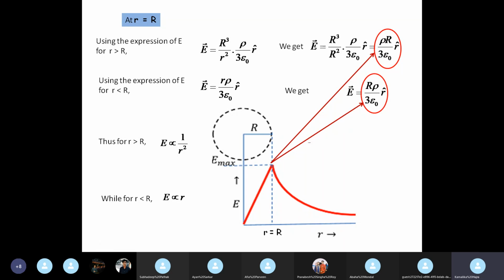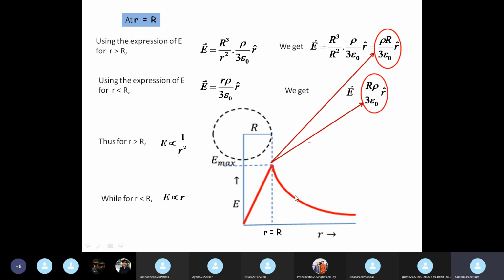The charge becomes constant, that of the given sphere. So now when you move away from the sphere, you will feel the strength weakening slowly. What is the relation? It is inversely proportional to r square.